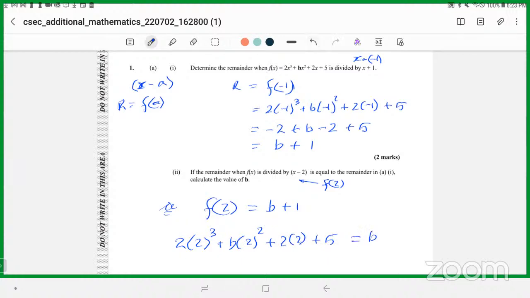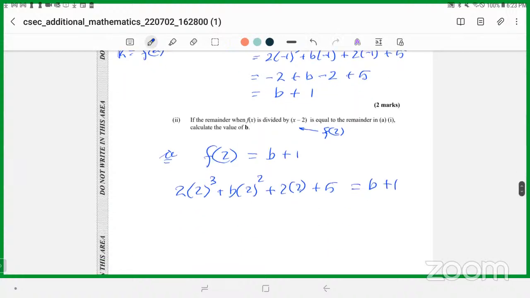It is equal to b plus 1. And then we just need to work out the values. So this 2 cubed is 8, times 2 is 16. So this expression is coming out to be 16. This 2 squared is 4, and that's times b, so that becomes 4b. Then this is 4, and this 5 makes 9. So we can just put this together and put 9, and that is equal to b plus 1.